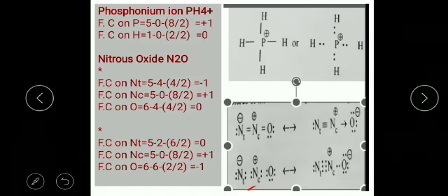And the formal charge on oxygen: 6 because valency is 6, minus 4 because there are 2 lone pairs, minus 4 because these are bond pairs, divided by 2, so the answer is 0.